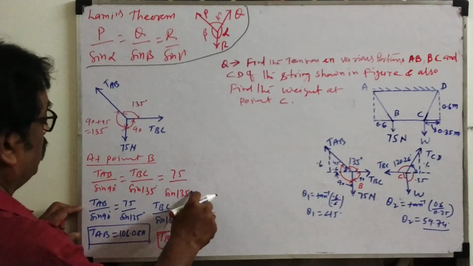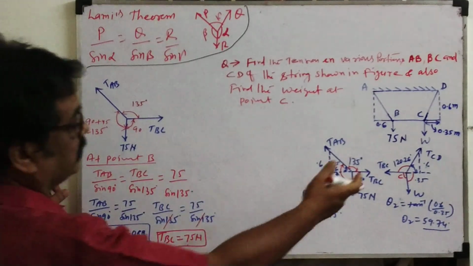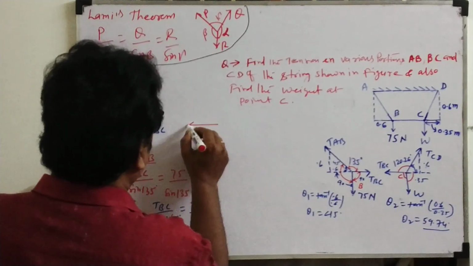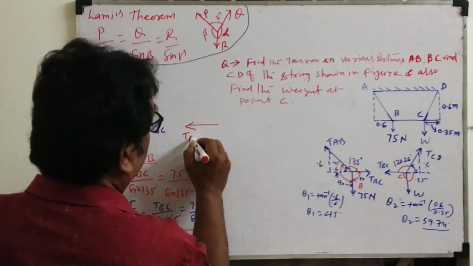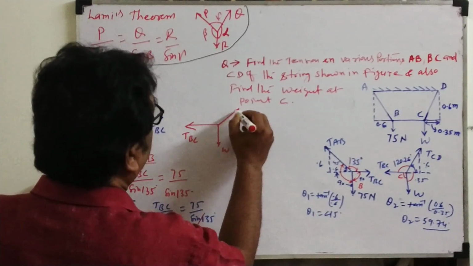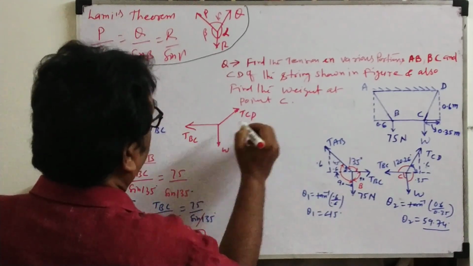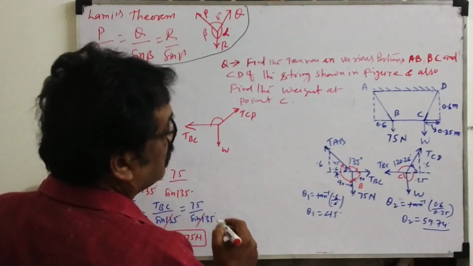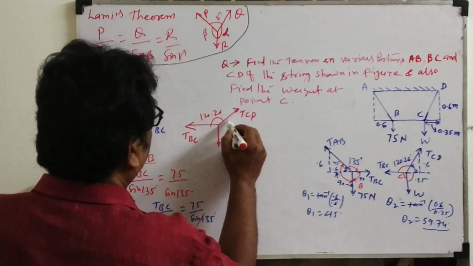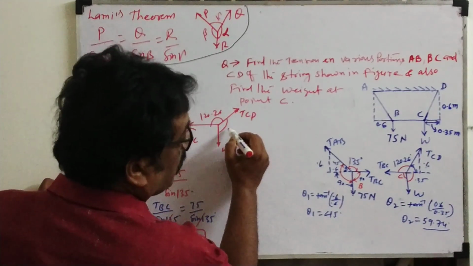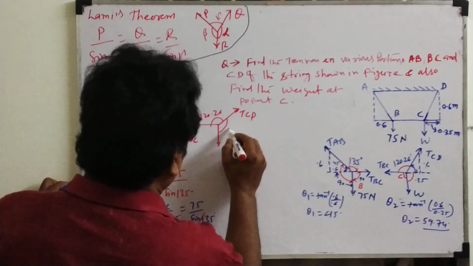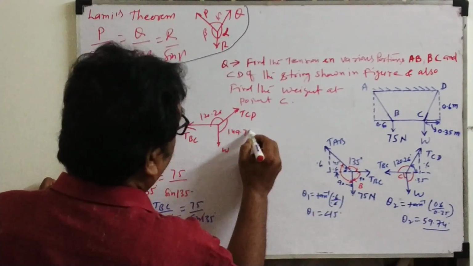So okay, we got that. Now take the junction point C. Junction point C, how is it? TBC, this is W, and this is TCD. So this angle, how much? 120.26. This angle will be 90 plus 59, so 149.74.